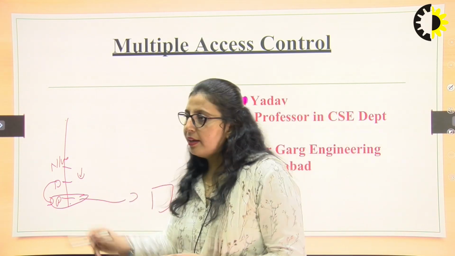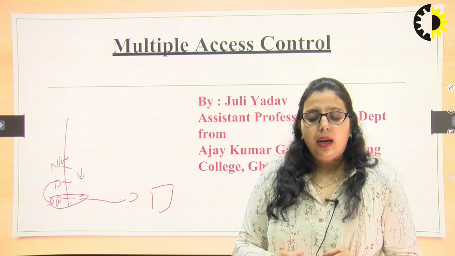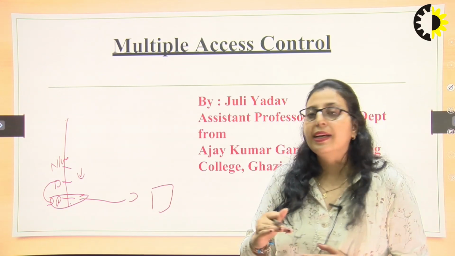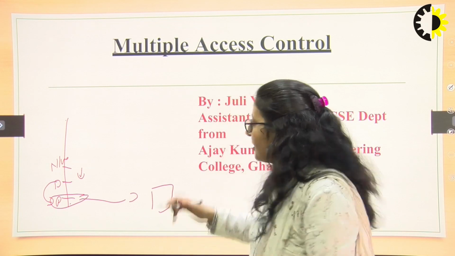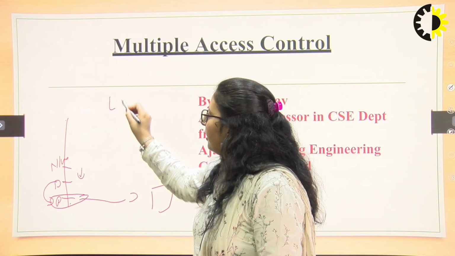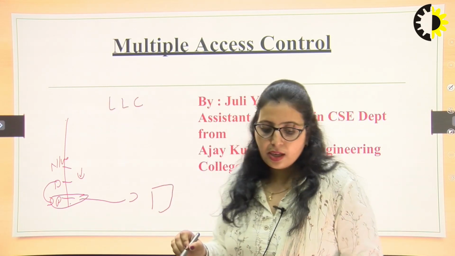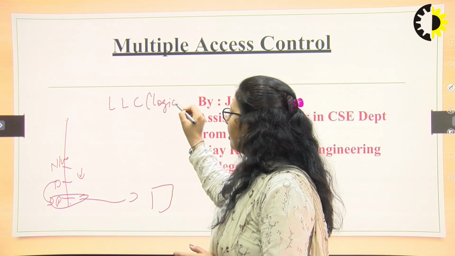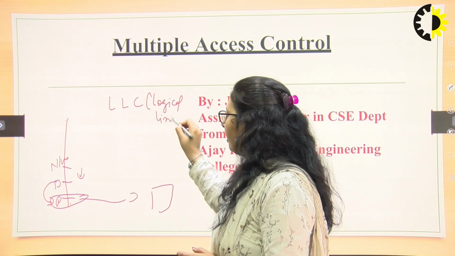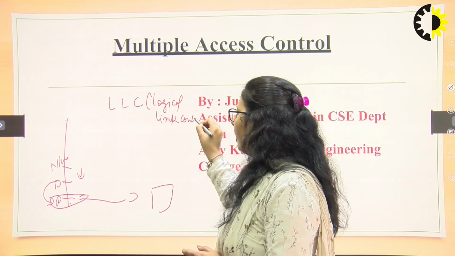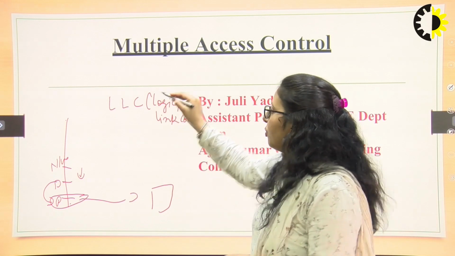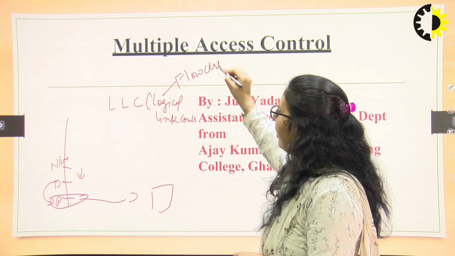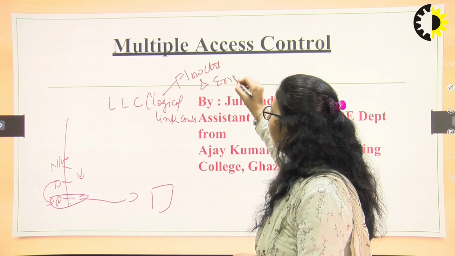The data link layer mainly has two sublayers. First is LLC. LLC is logical link control, in which we study various flow control protocols and error control.